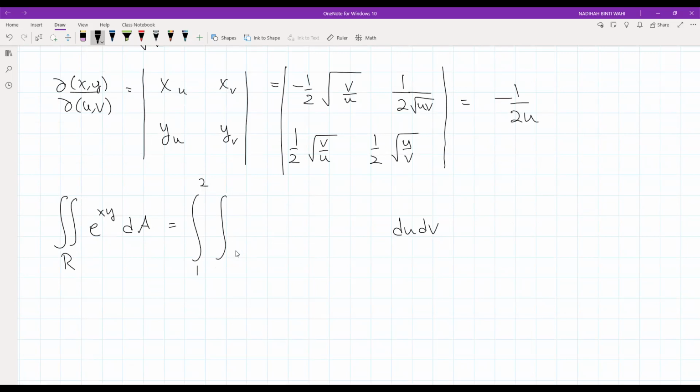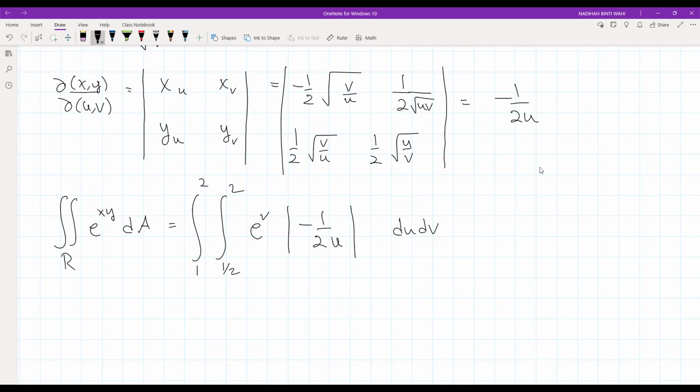And then the inner integral goes from 1/2 to 1. And then your exponential is exponential of x and y, so that's just e^v. And then the Jacobian of that is minus 1/(2u).